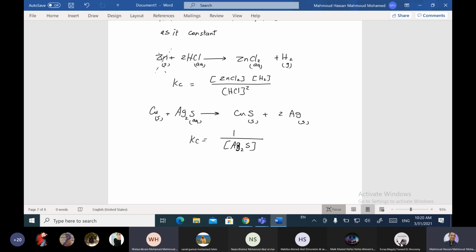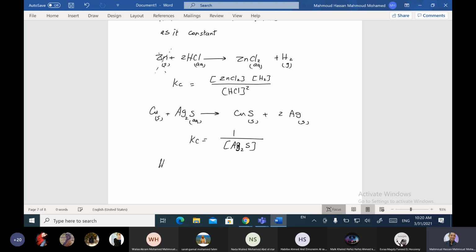The liquid ammonia and the liquid water concentrations are constant, they do not change according to the change in the reactions. So as they are constant, they are excluded from the calculation of the Kc.